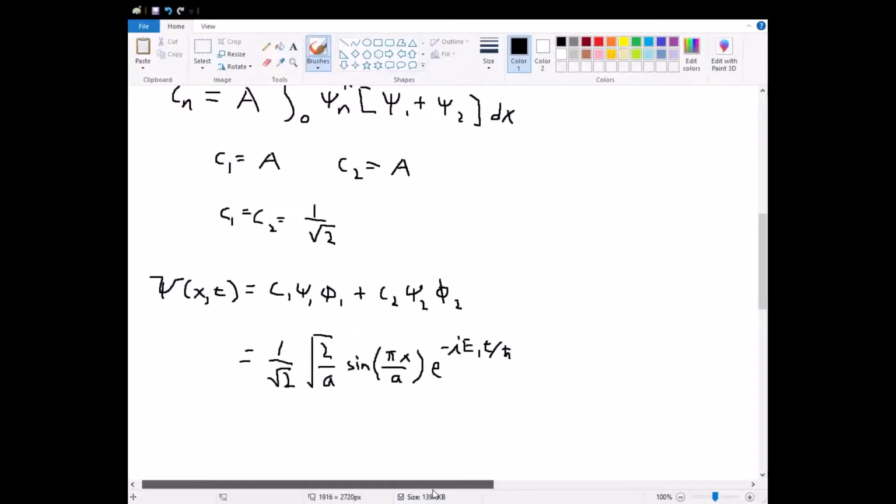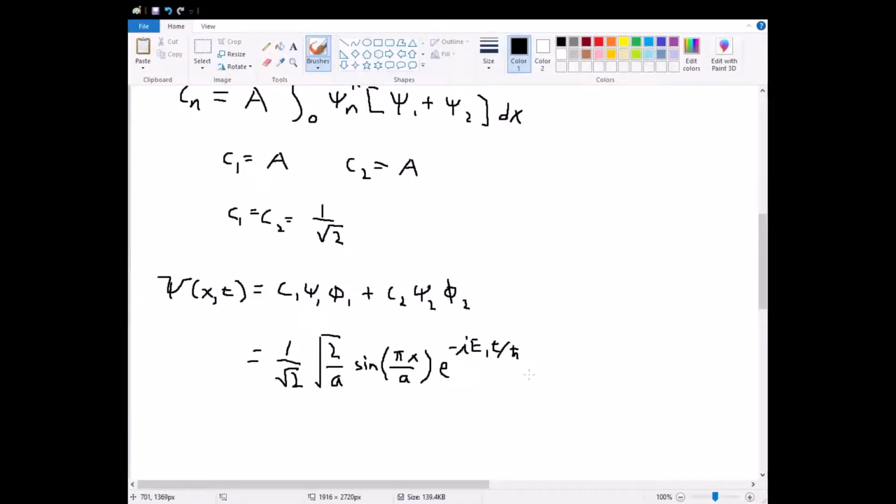And here we're going to add on the second expression, added with 1 over root 2 again, times square root of 2 over a, this time sine of, and since we're doing little psi 2, sine of 2 pi times x over a, and then once again our exponential wiggle factor, e to the power negative i, this time E2 times t all over h bar.